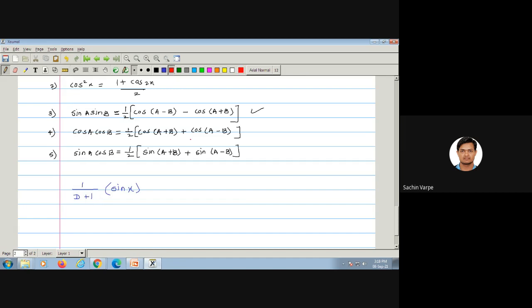See, this case is only for the d square, not for d. Since we are replacing d square by minus a square, we cannot replace d by the square root of minus a square. So to get d square in the denominator, we have to rationalize the denominator. By rationalizing, we'll get d square in the denominator and then use the case.